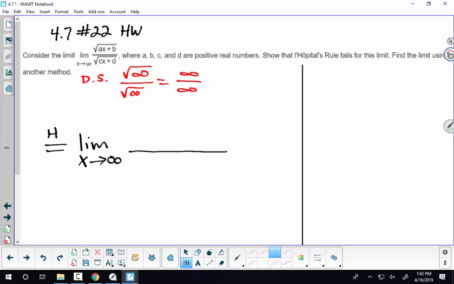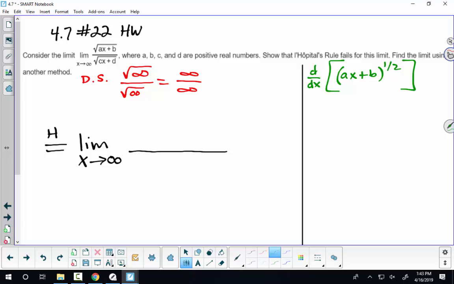Okay, so derivative of the numerator, we're going to compute the derivative of (ax plus b) to the 1/2. This is the process that we're applying with L'Hopital's rule, and it's going to show us why L'Hopital's rule fails.